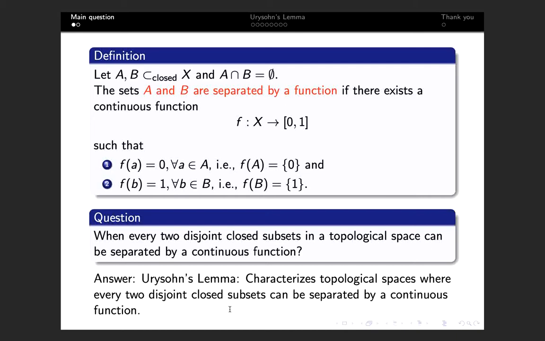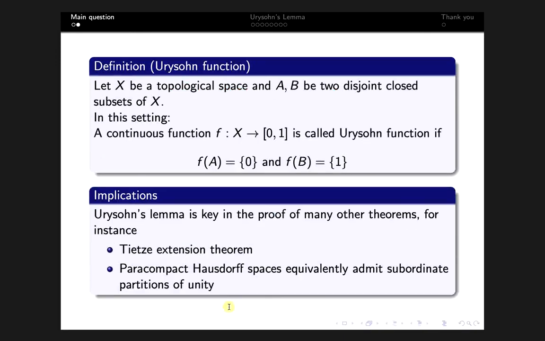We will give one more definition, that is the definition of an Urysohn function. Let X be a topological space and A, B be two disjoint closed subsets of X. So this is the setting.